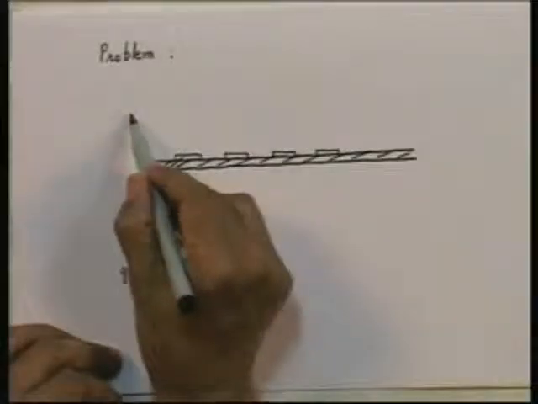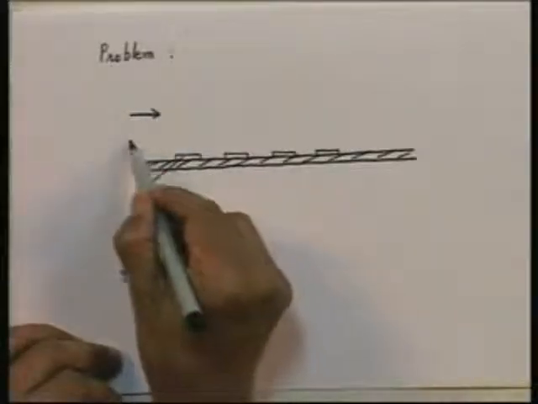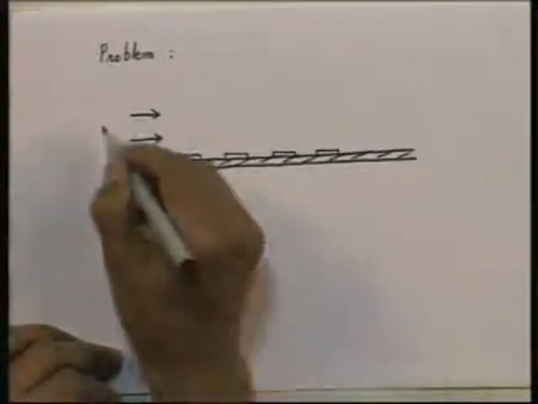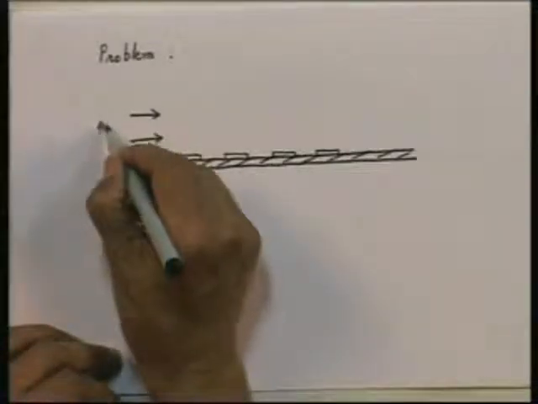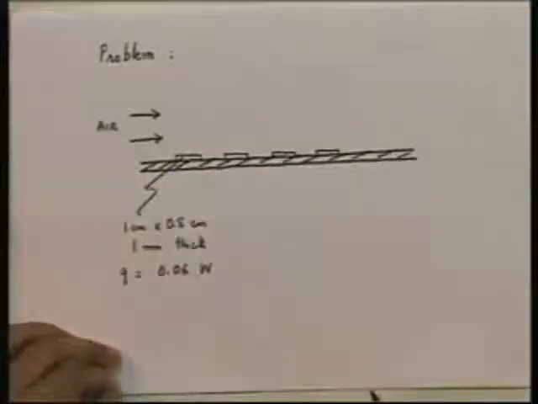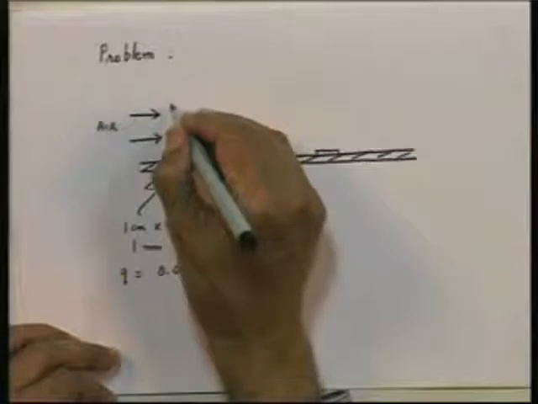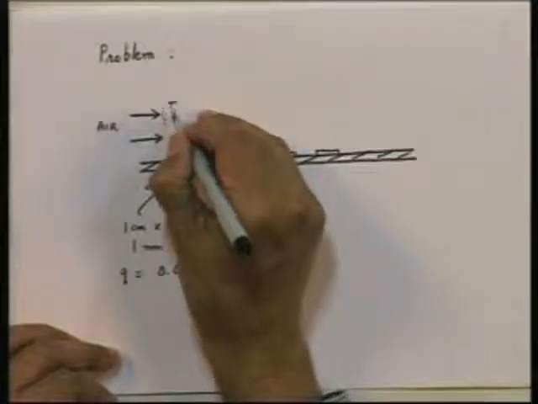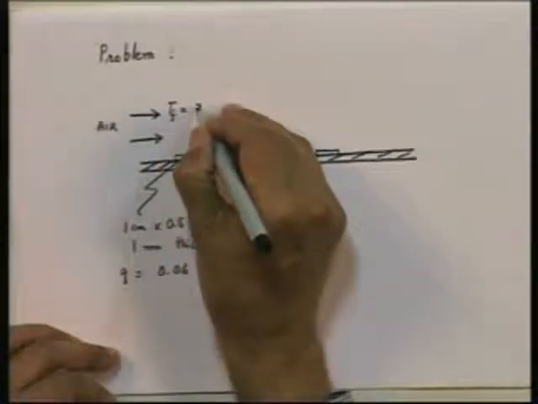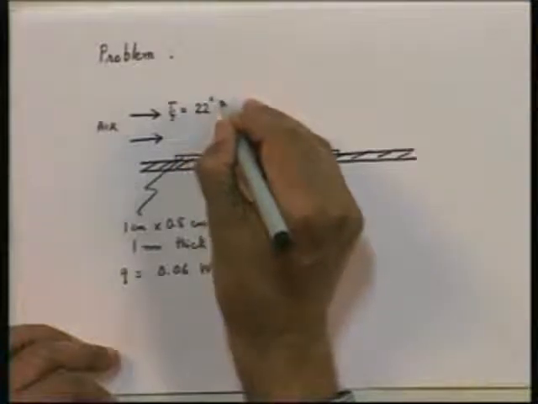In order to keep the surface temperature of this chip down to some particular value, we have air flowing over this chip. And let us say it is an external flow, and Tf, the temperature of the air, is equal to 22 degrees centigrade.